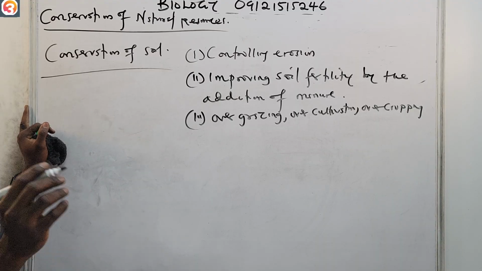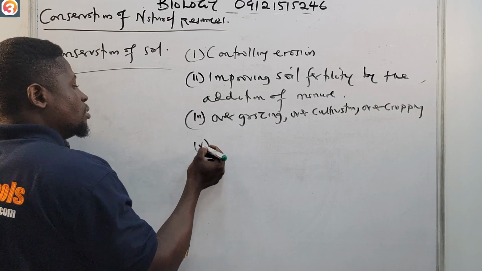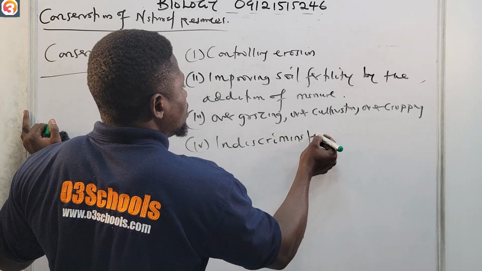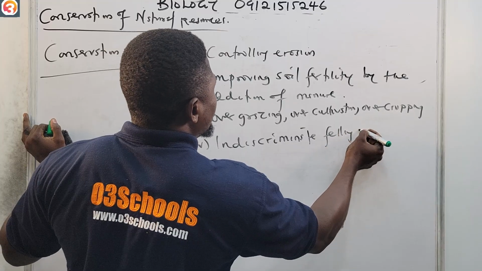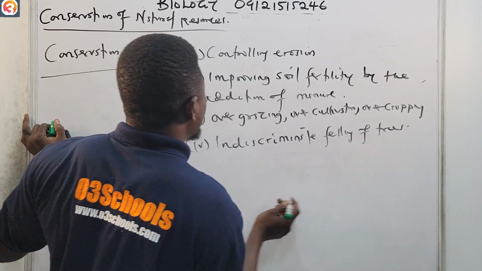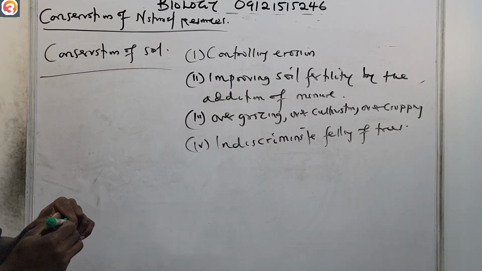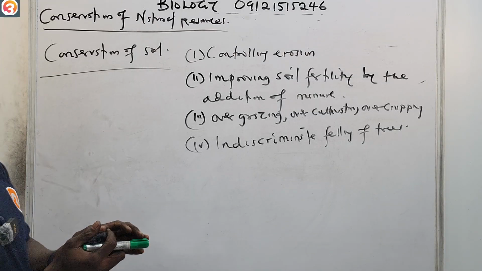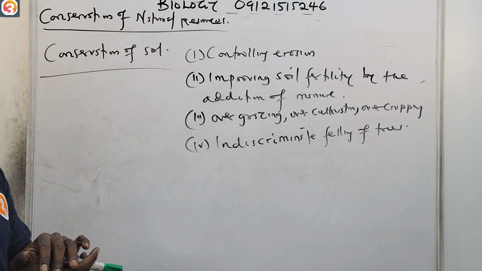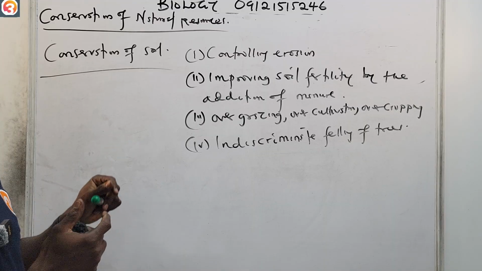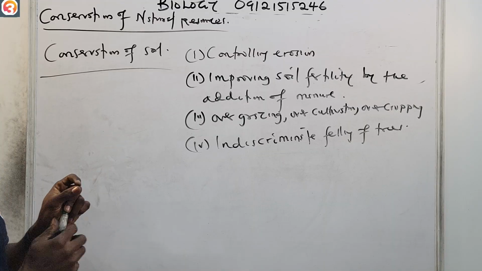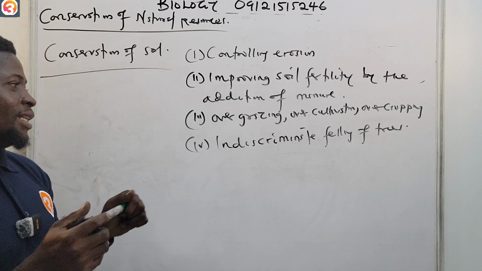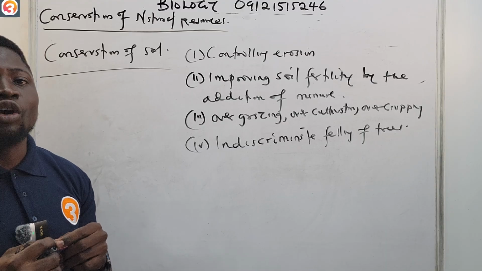Then also indiscriminate felling of trees is a bad practice. Please, we need to ensure that we completely do away with it. So that's conservation of soil: controlling erosion, improving soil fertility by the addition of manure, and avoiding overgrazing, over cultivation, overcropping and indiscriminate felling of trees completely.